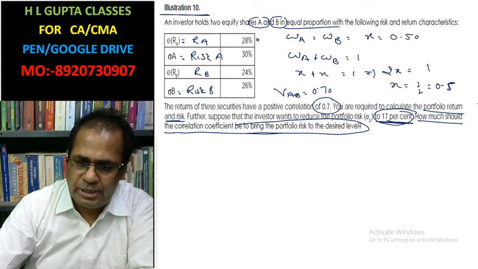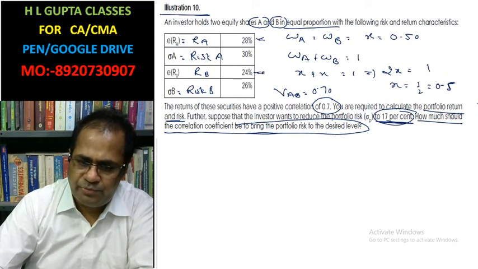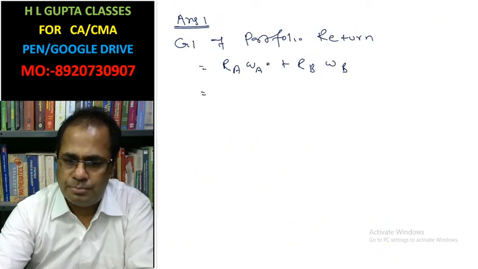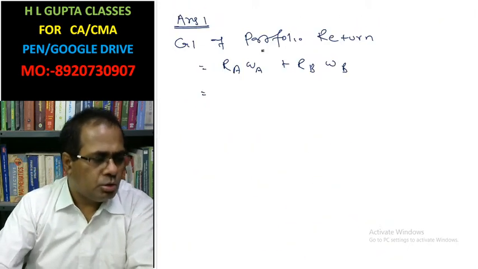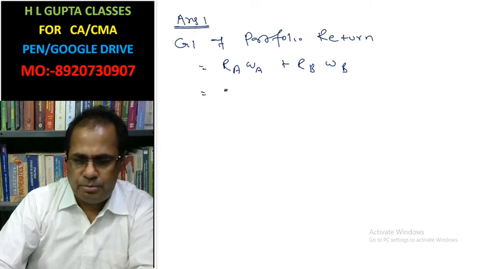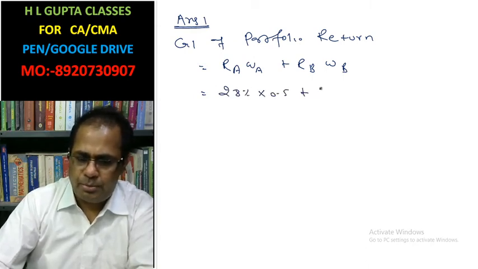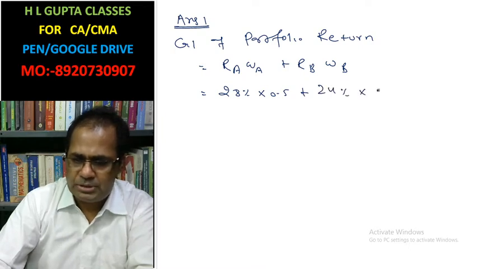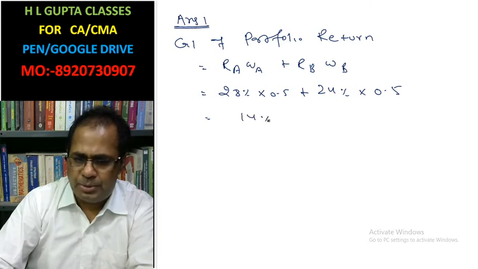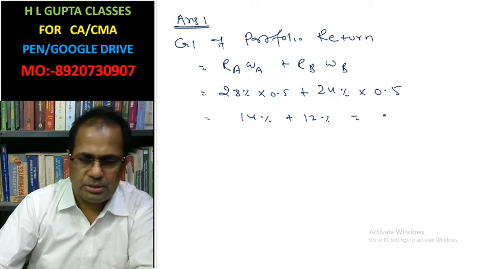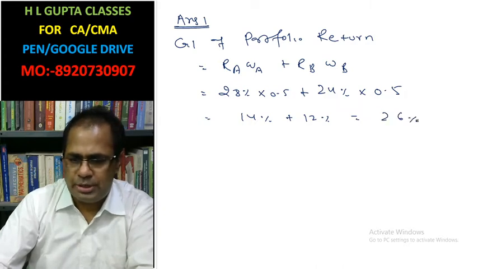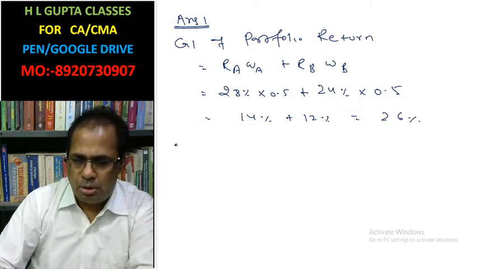Return A is 28%, return B is 24%. This is 28% into 0.5, plus 24% into 0.5. This is 14% plus 12%, that is 26%.